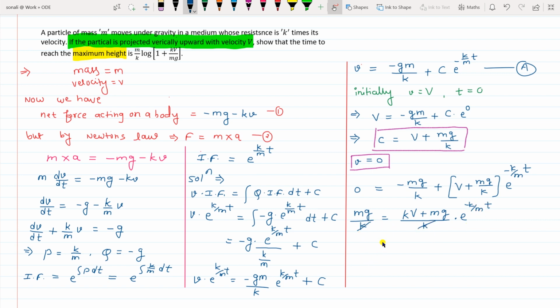K gets cancelled, so we get mg is equal to kV plus mg e to the power minus k by m into t. Now we are going to shift the term to the left side and this mg to the right side. So we get e to the power k by m into t is equal to kV plus mg upon mg. And if I separate the denominator, it will be kV upon mg plus 1.